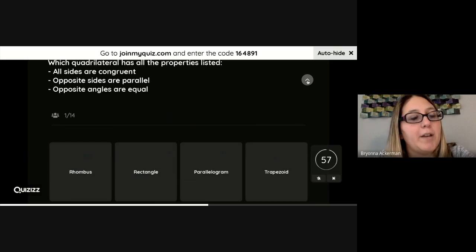Okay, so this one we're trying to find the shape that follows all these properties, so read it carefully. It has all sides that are congruent, opposite sides are parallel, and opposite angles are equal. So we're trying to find a shape that follows all three of those.